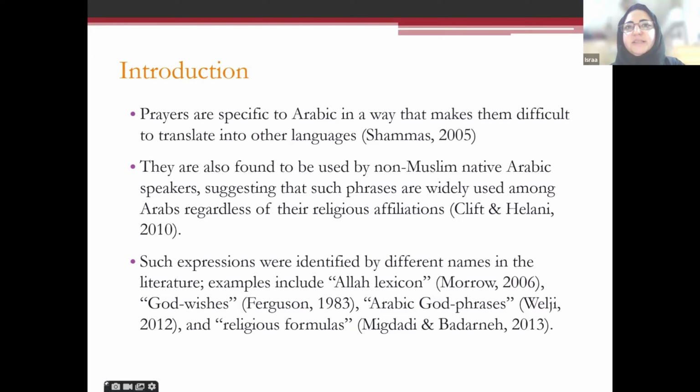Other linguists suggested that such phrases are widely used among Arabs, regardless of their religious affiliations, like, for example, Clifton Hilani in 2010. And these expressions were identified by different names in the literature, such as Allah lexicon, God wishes, Arabic God phrases, religious formulas. In our study, we just call them prayers.